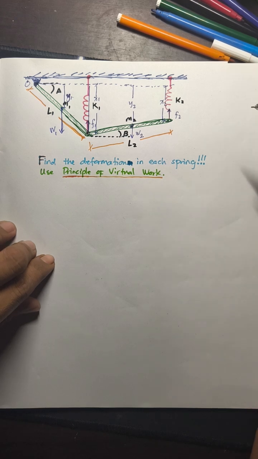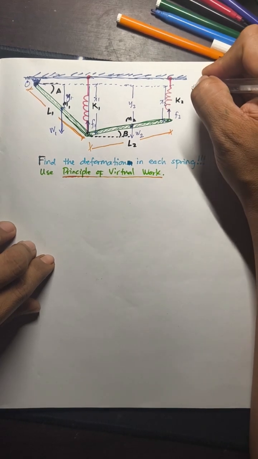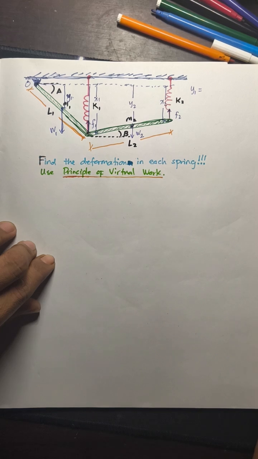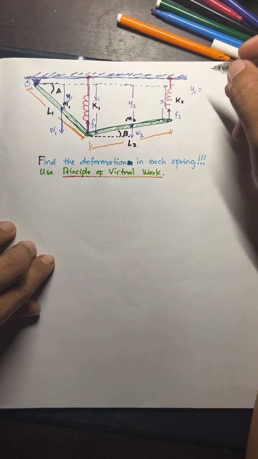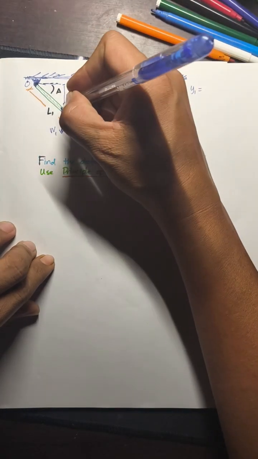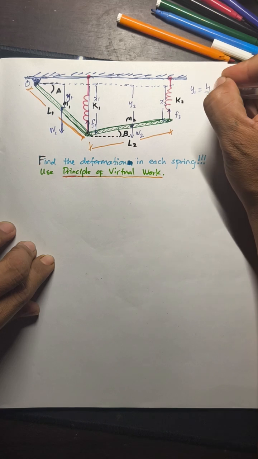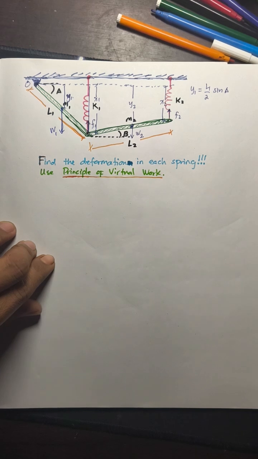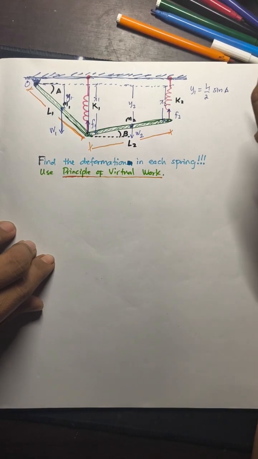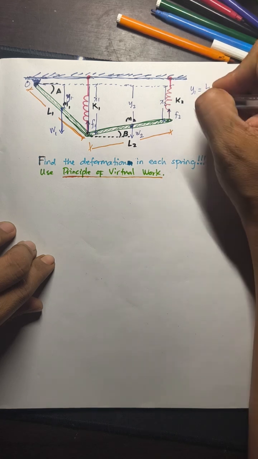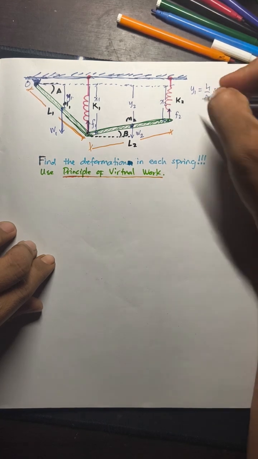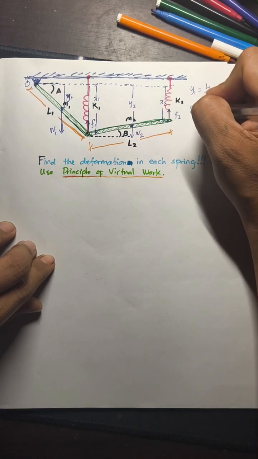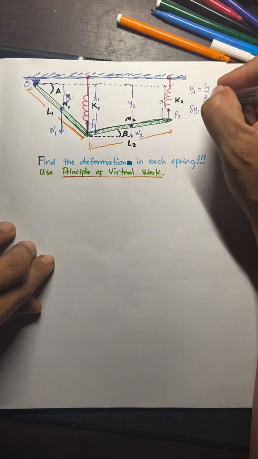Let's calculate y1 first. Clearly, y1 is equal to L1 over 2, the length here, times sine of A. As for x1, let's take delta y1 because we'll need to do virtual work.